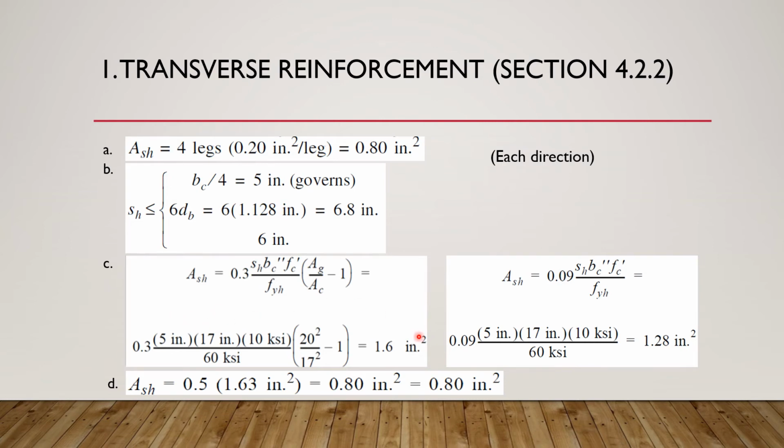And we have some limits here. The total area in each direction of the hook should be at least equal to this expression, but should not be less than this other expression, where this BC is the confinement B in this case.